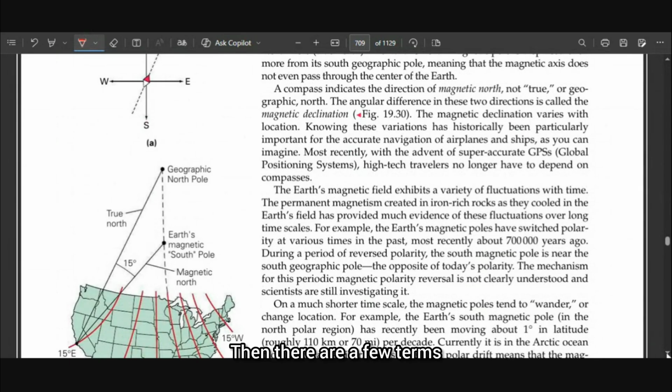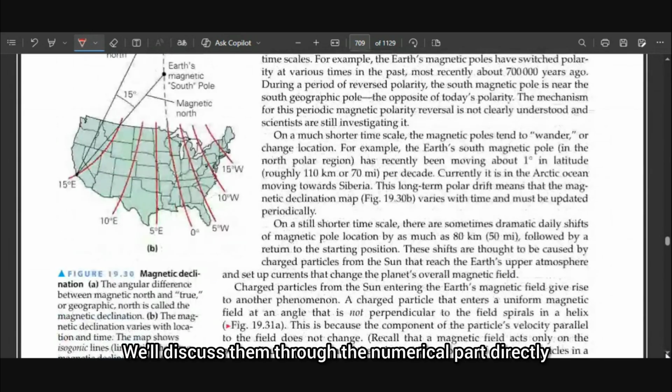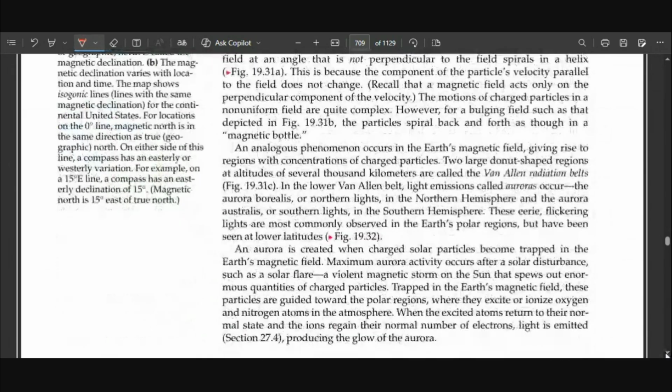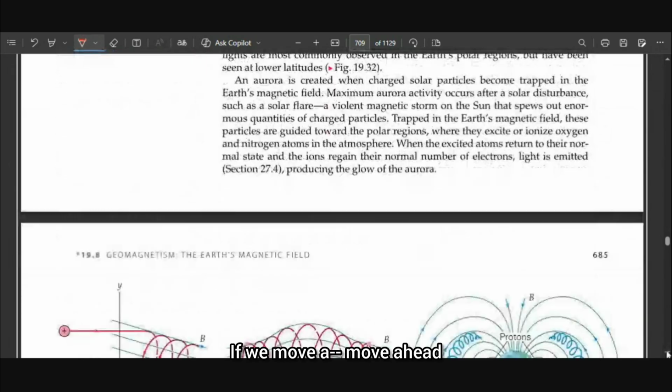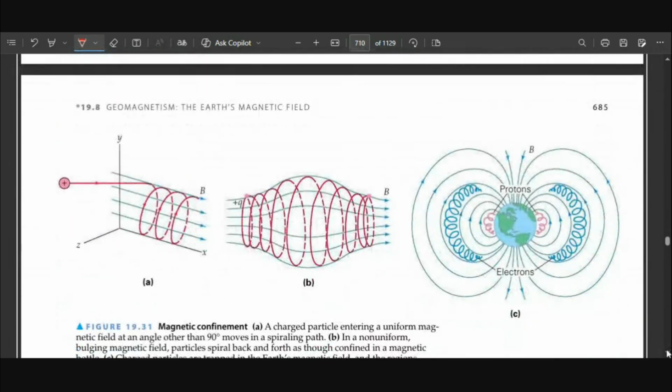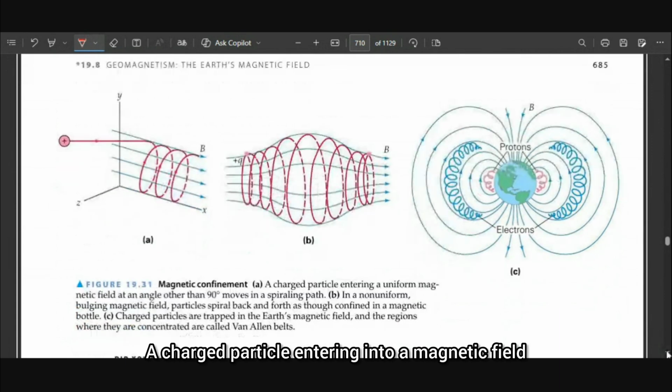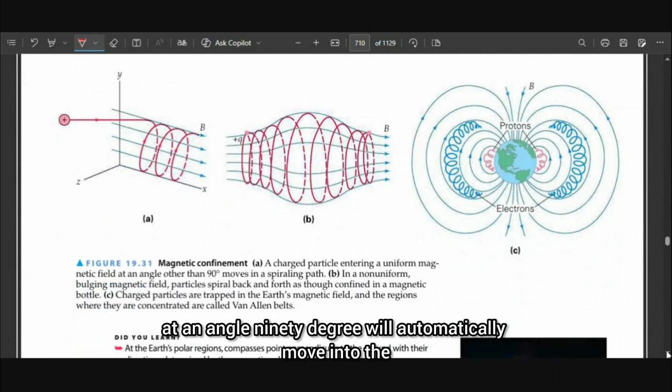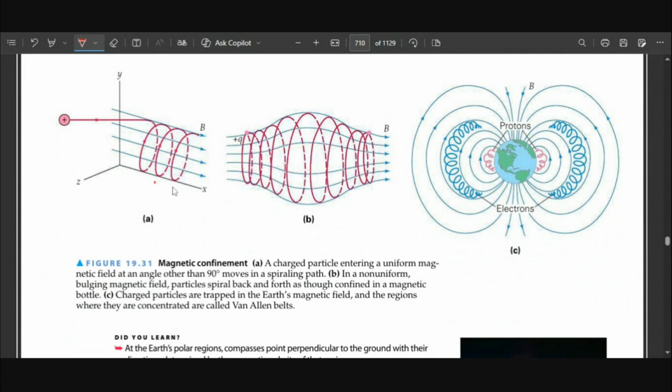Then there are a few terms. We'll discuss them through the numerical part directly. If we move ahead, these are a few diagrams explaining how magnetic confinement can be shown. A charged particle entering a magnetic field at an angle of 90 degrees will automatically move into a helical path.